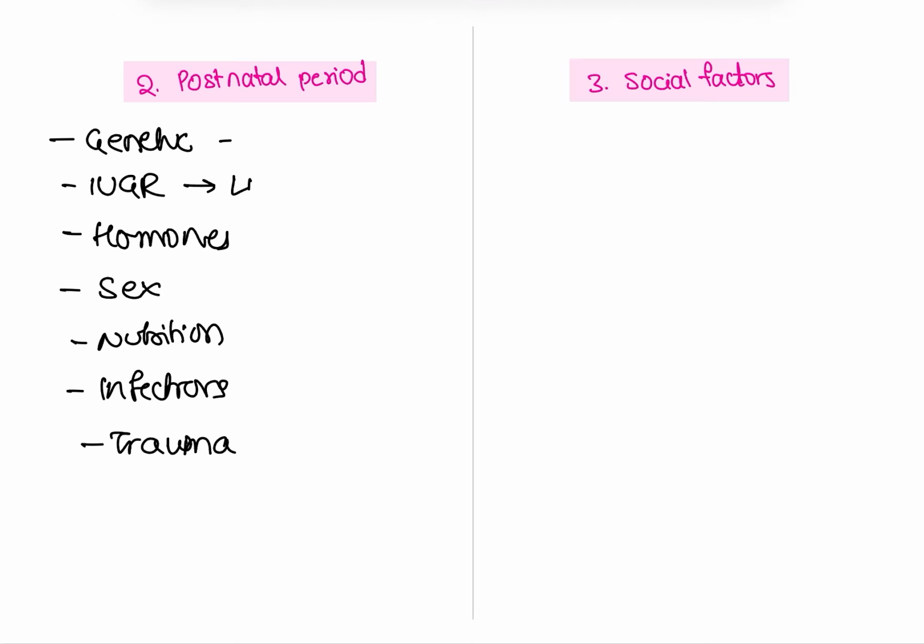IUGR leads to low birth weight. That leads to stunting, wasting. Hormones like growth hormone and thyroxine are very essential for the growth of the child. Growth spurt occurs earlier in females than males, but the overall height of the boys is more. Nutrition, protein energy malnutrition, anemia, vitamin deficiency, this all results in decreased growth and development. Infections, persistent diarrhea.